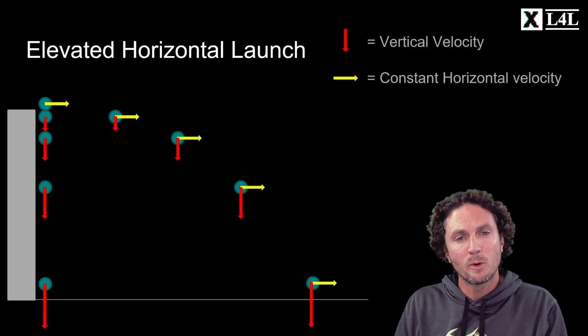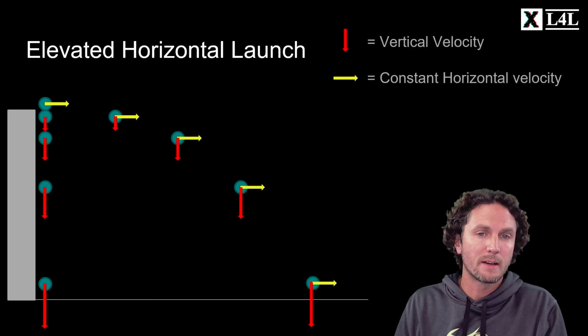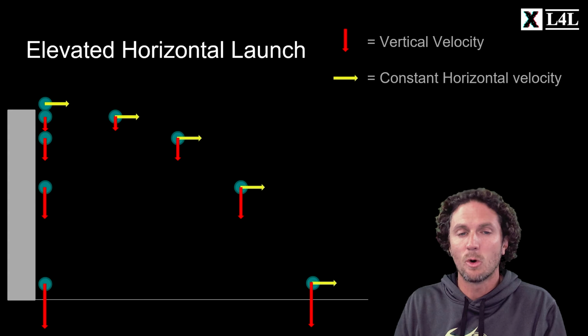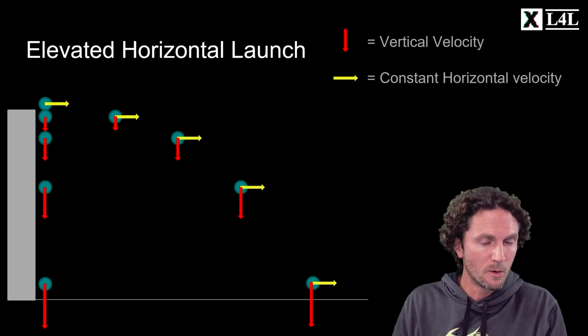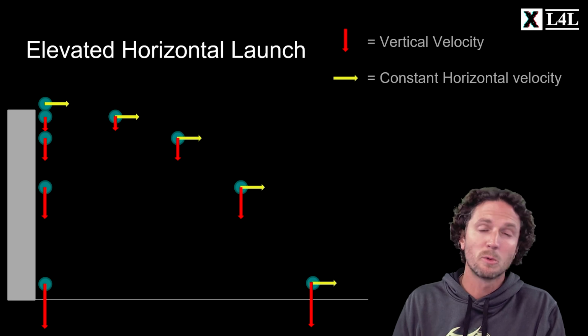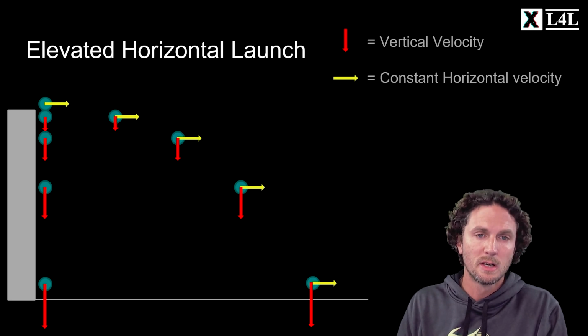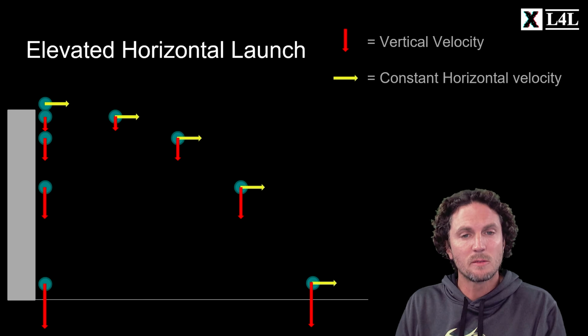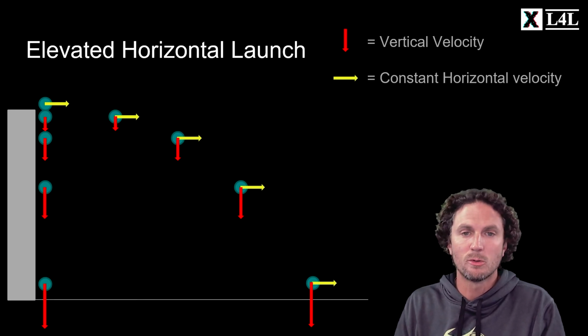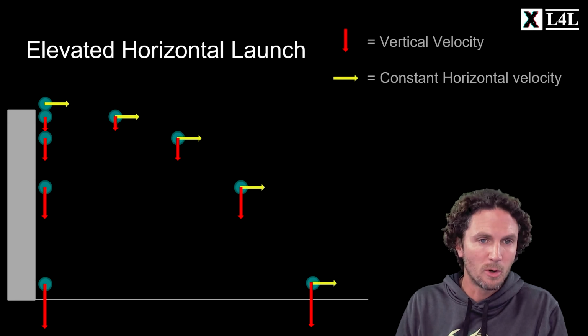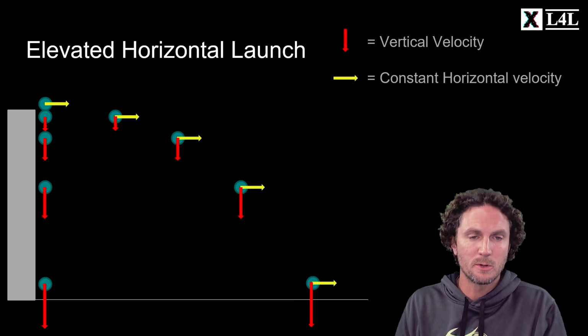But what you can notice right away is that the yellow vector, which is the horizontal velocity component, is constant. It is always completely horizontal, and it's never changing because there is no acceleration in the horizontal direction, so we wouldn't expect the velocity to change. But notice that as the ball is moving horizontally and dropping, it's gaining vertical velocity, just like the ball that was dropped in the first example that you can see to the left side of the screen.